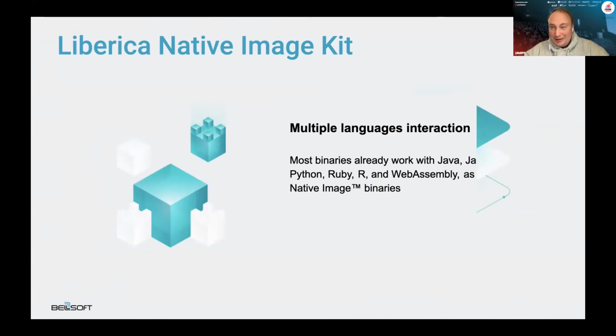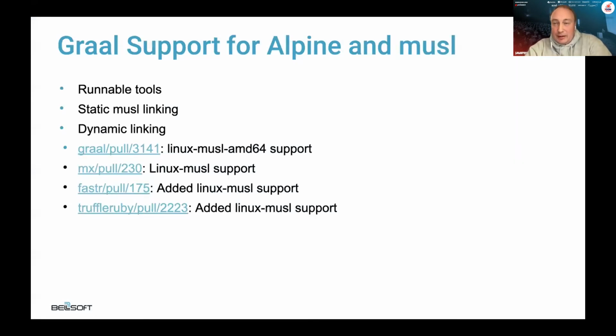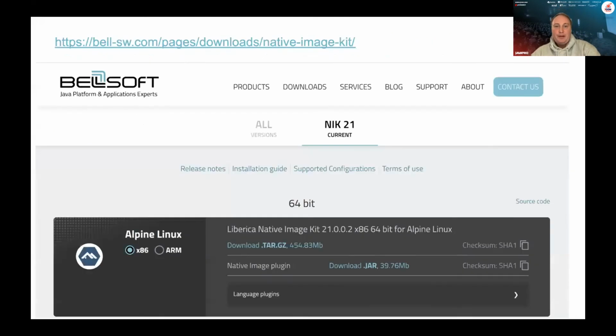And it's, of course, based not just on Liberica JDK as a core, but on GraalVM, the appropriate version. As I said, more platforms mean, in particular, Alpine Linux, with the musl C library as the main C library. So we added extended support for Alpine and musl, both for the process of compilation, so for tooling, and for the runtime of your already compiled native image.